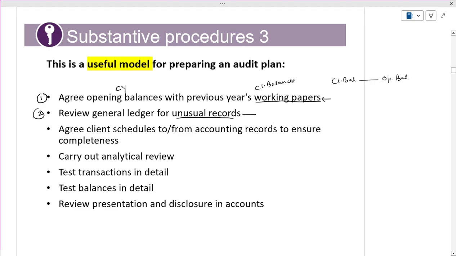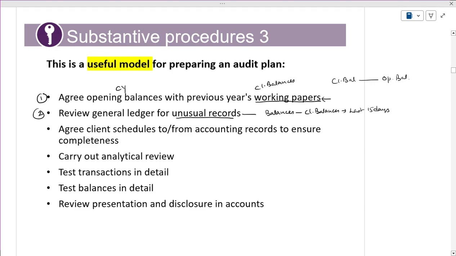You will have your balances. What are unusual records? Most importantly, you have to think in terms of closing balances. For closing balances, you have to take the last 15 days.